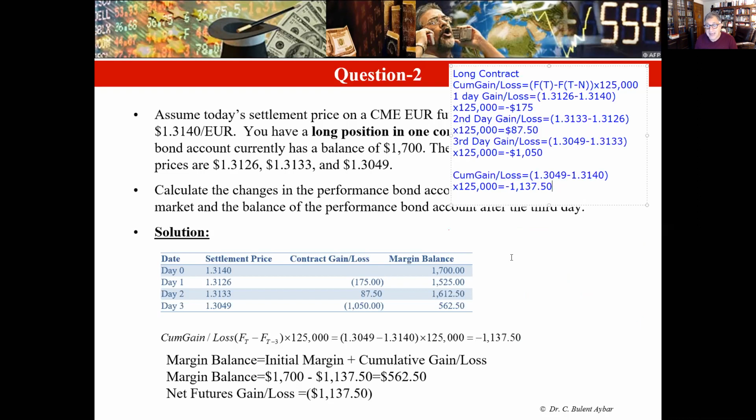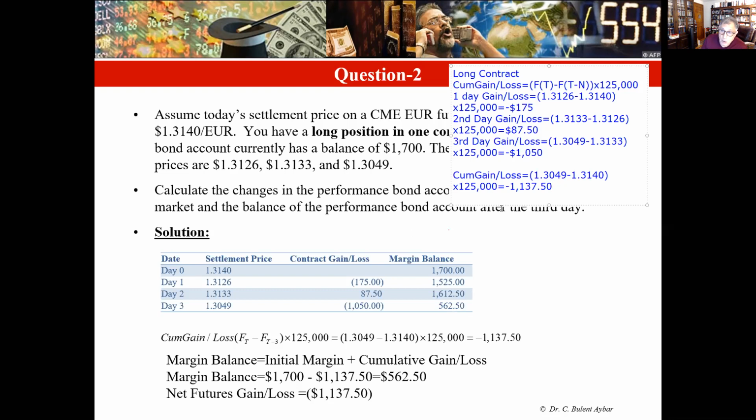So over the 3-day period, the contract loses $1,137.50, and since we started with $1,700, after this is lost, what is left is $562.50. So margin account is going to go down to $562.50. Okay. So this shows what happens when we have a long contract.